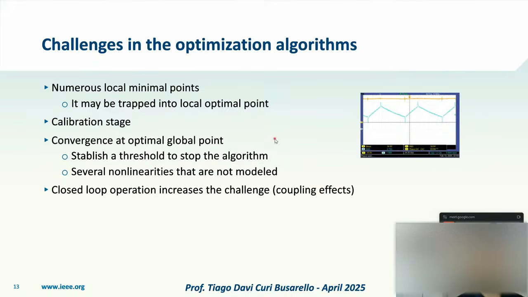Another really high challenge in this algorithm is that you have a coupling effect with the closed loop operation. This current here is open loop. It's a buck for open loop, which is kind of easy to make the algorithm converge. But when you are in a closed loop situation, with any modification in the parameters, the controller will try to compensate, will try to minimize it, because it considers it a disturbance.